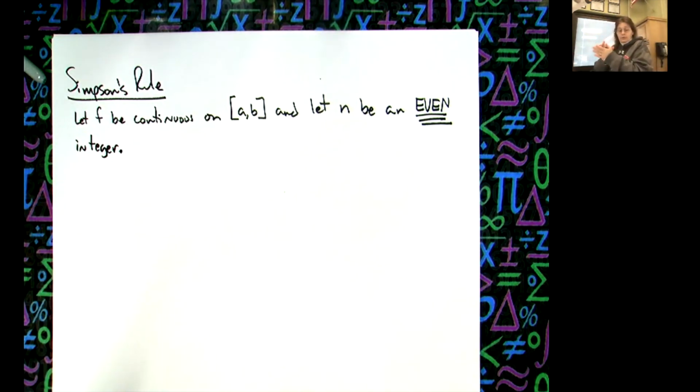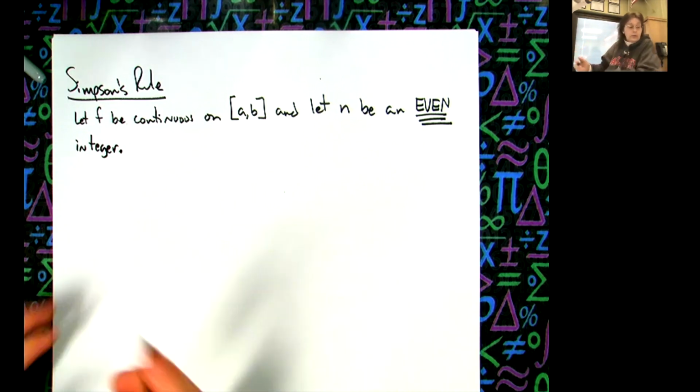So Simpson's rule is only going to be used when we've got an even number of subintervals.